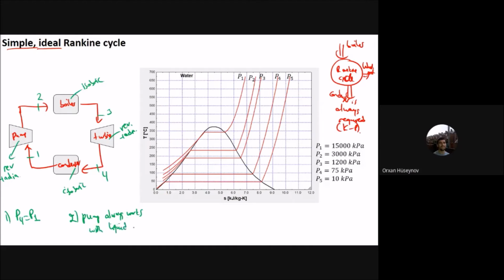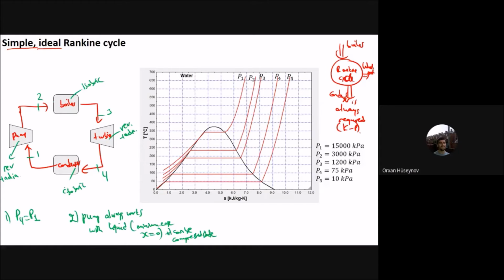So here you should always have the liquid state. In the minimum case, x should be 0. In other cases, it can be a compressed state too. But the minimum case is that x is 0.